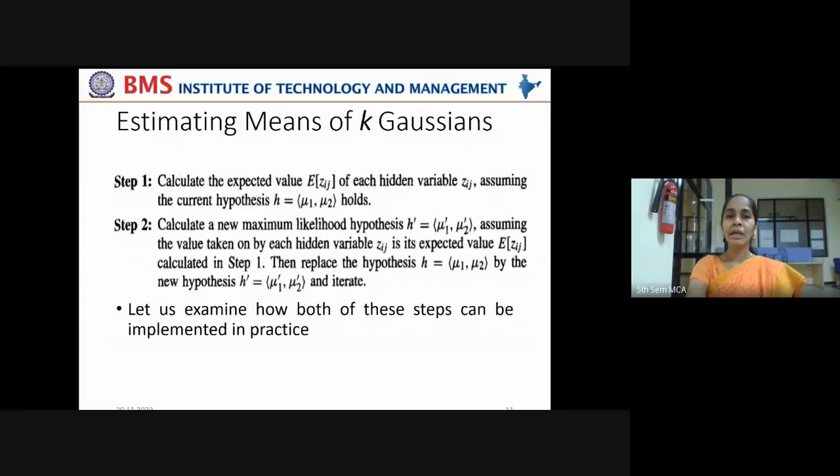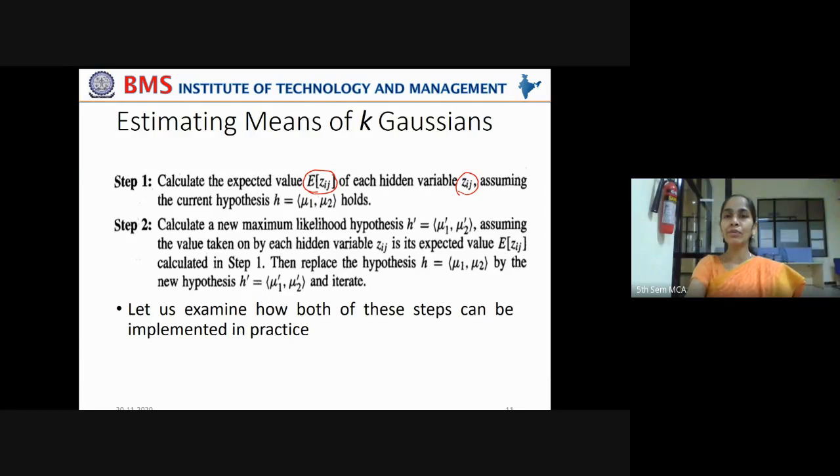What is the first step? Calculate the expected value E of Zij, meaning you are calculating the expected value for Zi1 and Zi2, for the first distribution and the second distribution, of each hidden variable Zij.